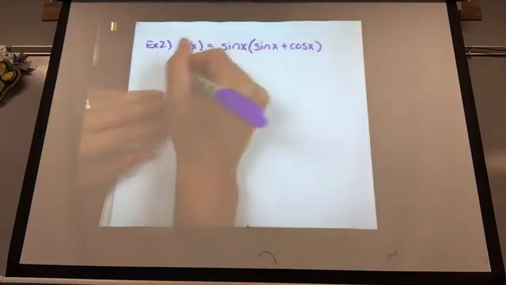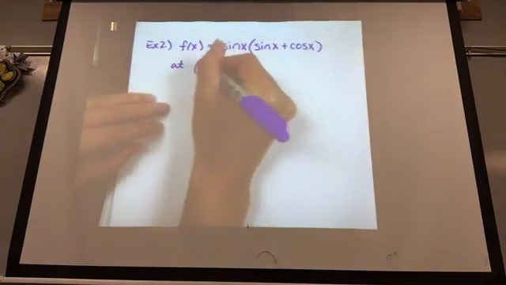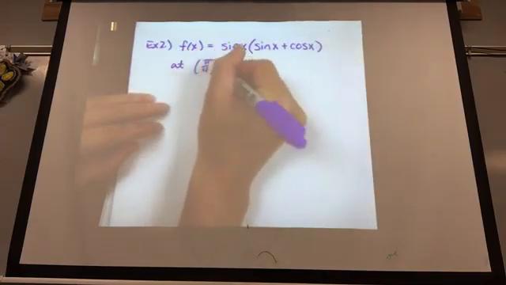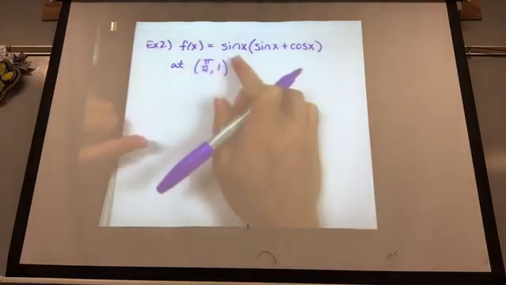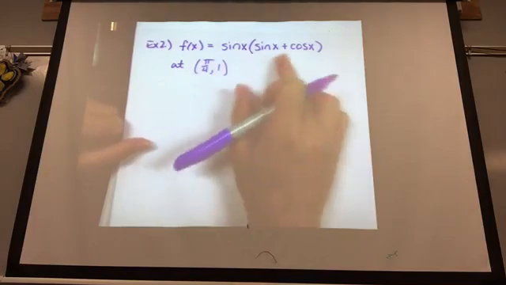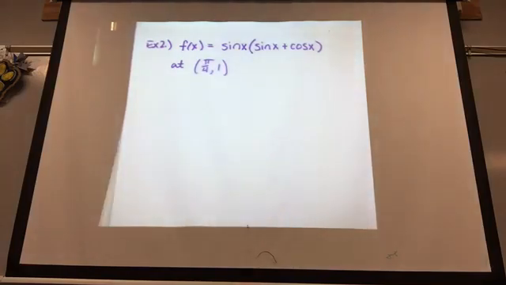And it's at the point pi over 4, 1. So just to help you get started, the derivative, you'll be using the product rule to write it.